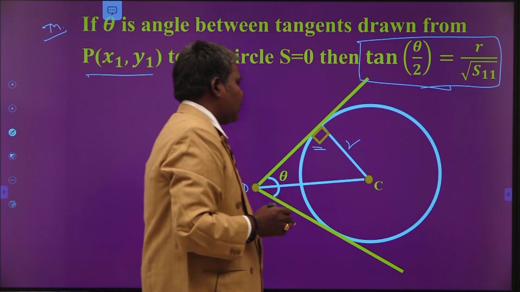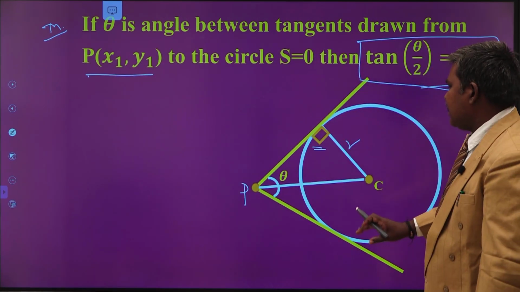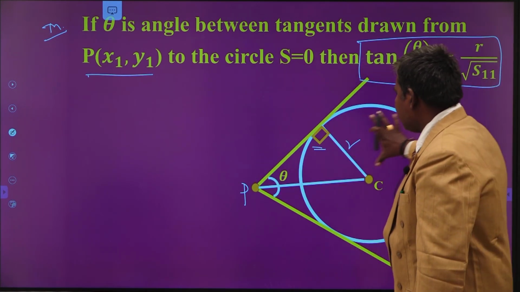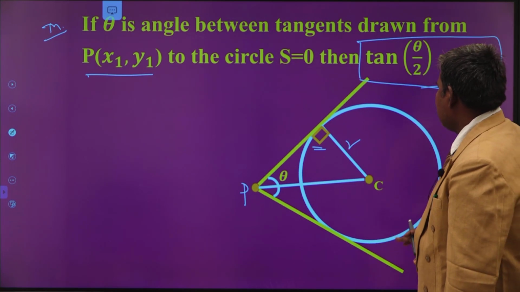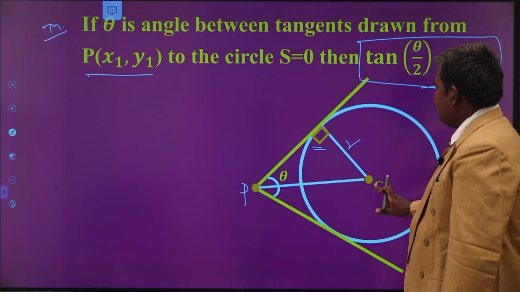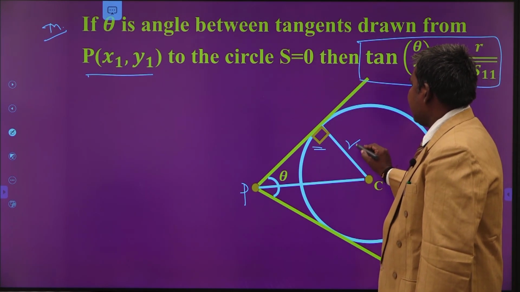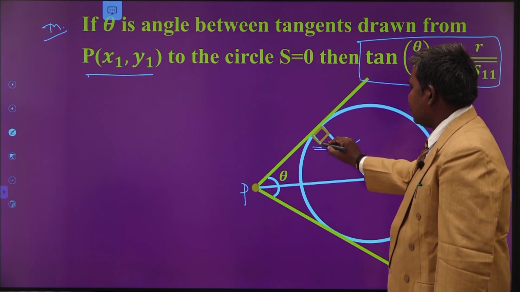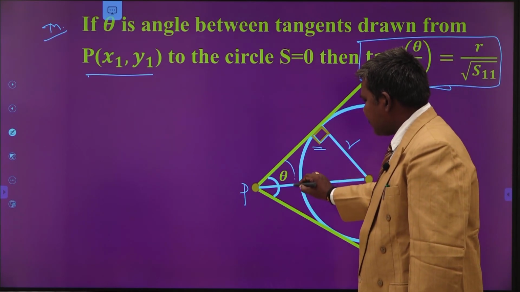This is the corresponding diagram to the theorem. Two tangents are drawn from my external point to the circle. Theta is the angle between the two tangents. Now this is the center of the circle. Draw a perpendicular from the center to the line. This is the radius of the circle. The angle here is 90 degrees. If this is theta, now my question is, what is the angle here?